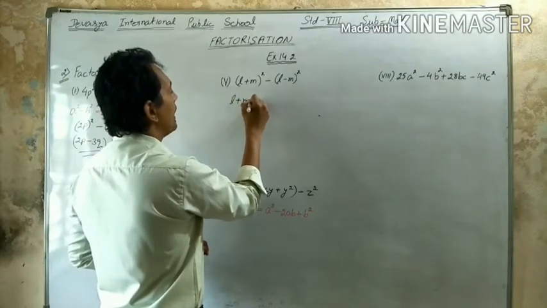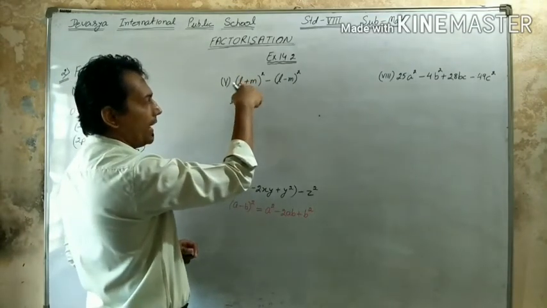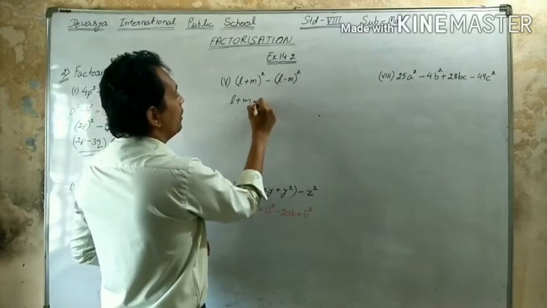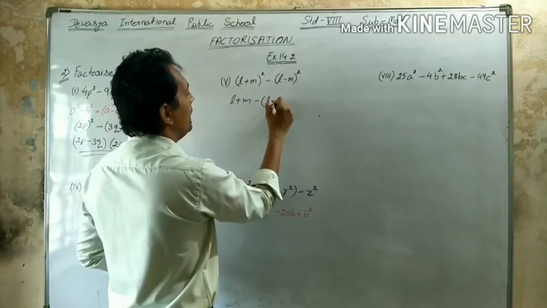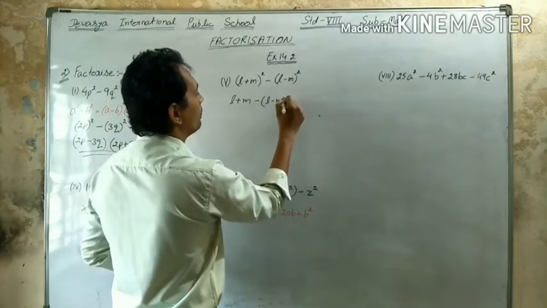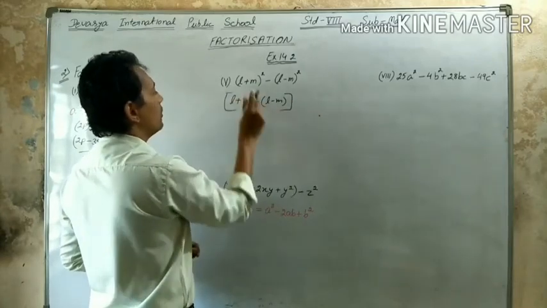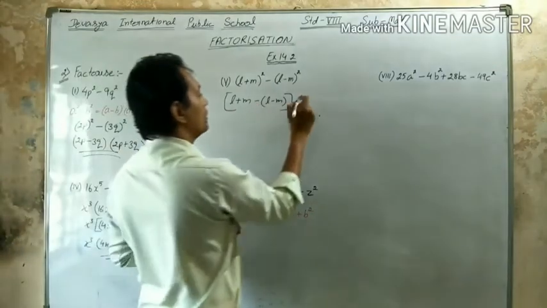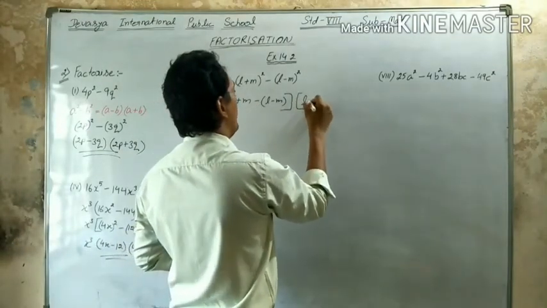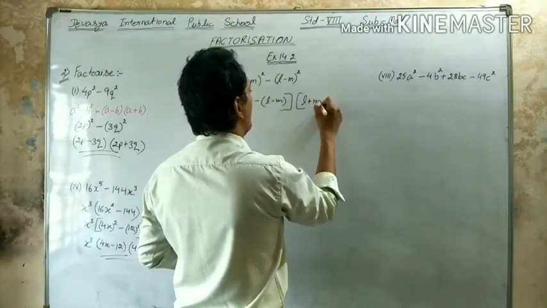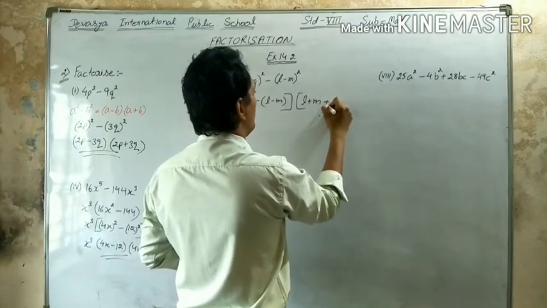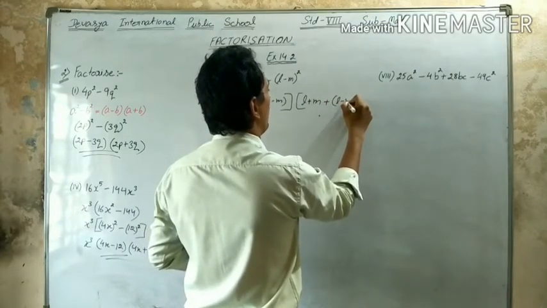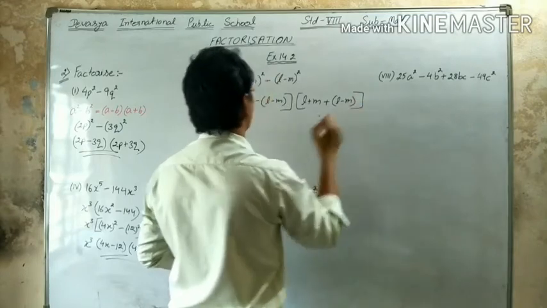L plus m, this whole thing is your a, minus L minus m. So one time we have done minus, second time we have to do plus: L plus m plus L minus m.